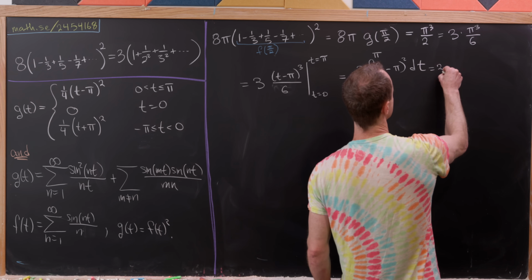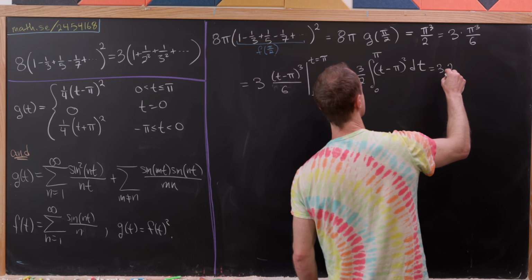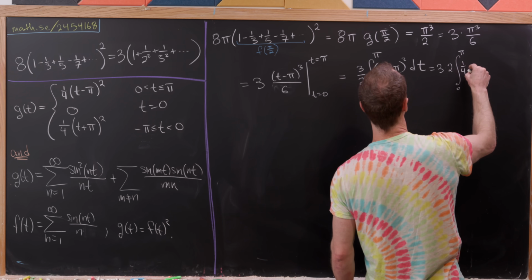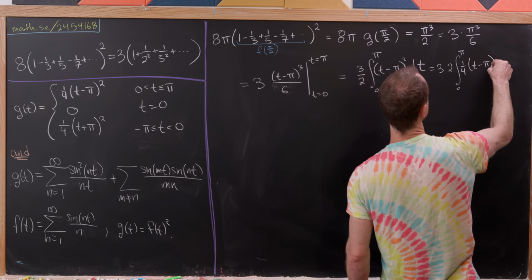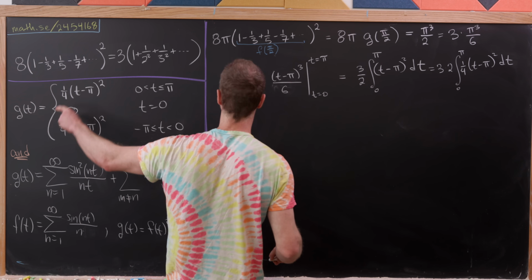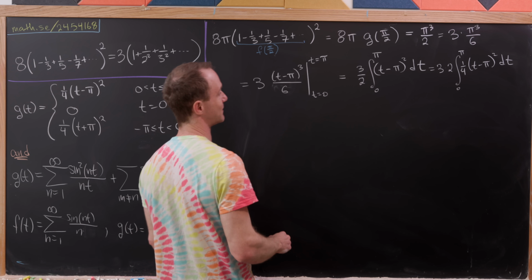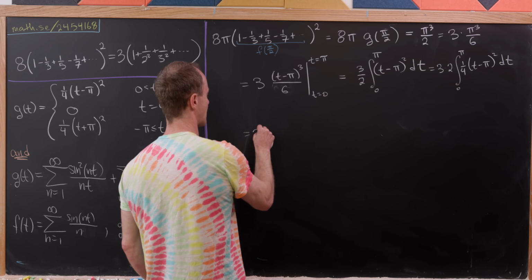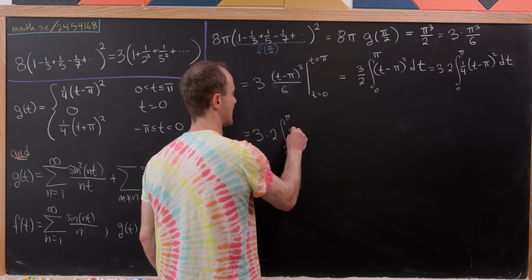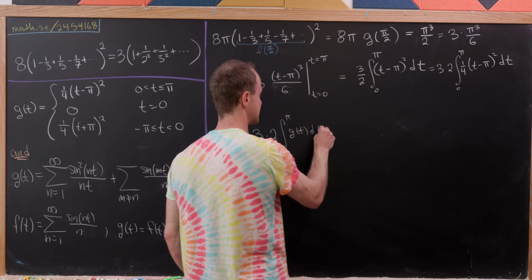So that's going to give us 3 times 2 times the integral from 0 to pi of 1/4 times (t minus pi) squared dt. But that's simply the integral of g from 0 to pi. So we can go ahead and write that as 3 times 2, and then the integral from 0 to pi of g of t dt.